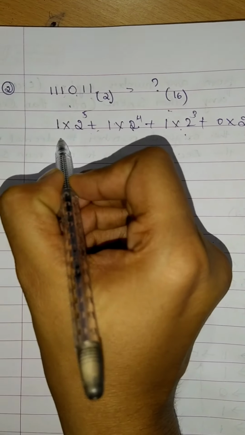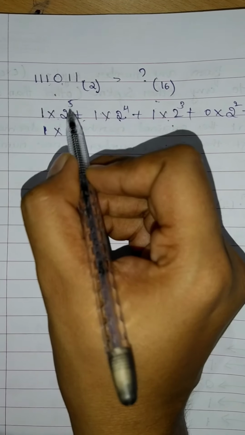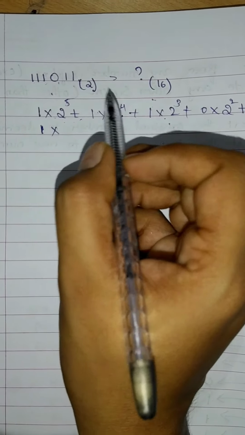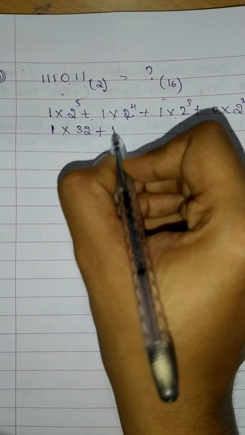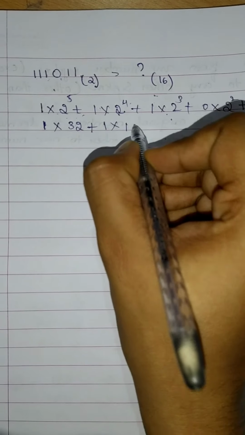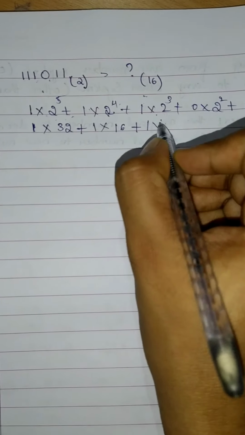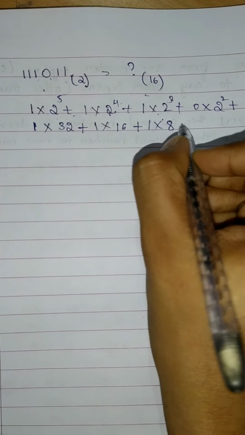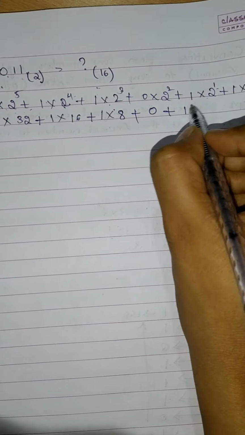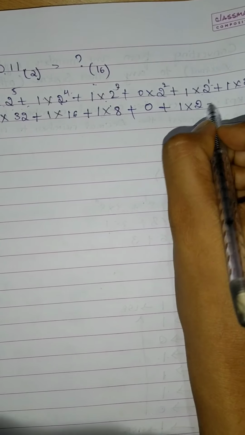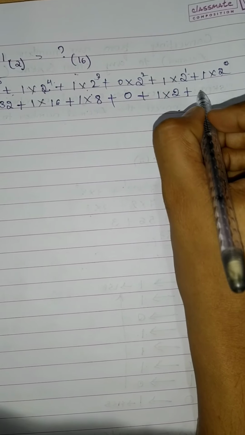So what will be the output? 1 into 2 into 2 into 2 into 2 into 2, that means 32. Okay, plus 1 into 2 to the power of 4 is 16, plus 1 into 2 to the power of 3 is 8. 0 with any number is 0, plus 1 into 2 to the power of 1 is 2, plus 1 into 2 to the power of 0 is 1.